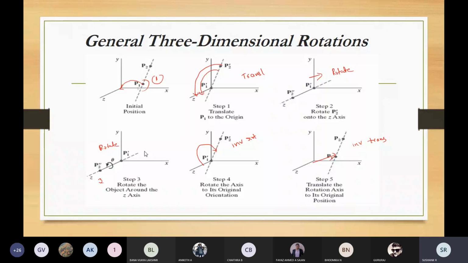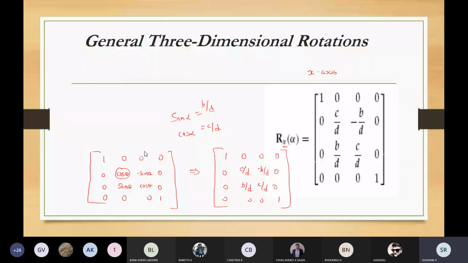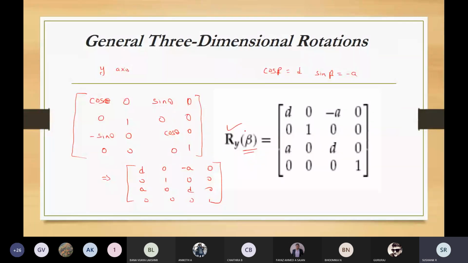For that we found Rx of alpha, and the rotation with respect to x and y. So that was my second step.